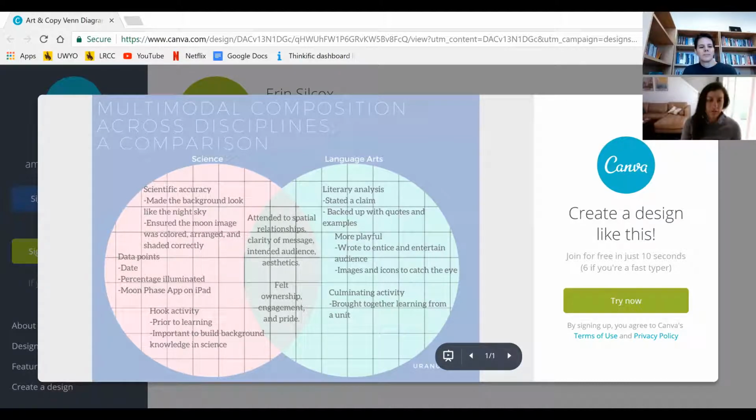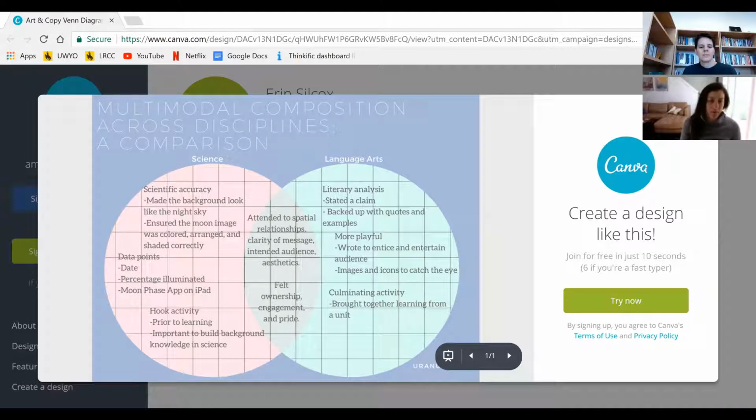What I found with this very, very simple project, the little moon phase picture, was that I was accurate. I used several tools in Google Drawings to make a few different star representations for the background. The background is completely black, in an effort to make my Google drawing look pretty close to what I saw on the moon phase app.